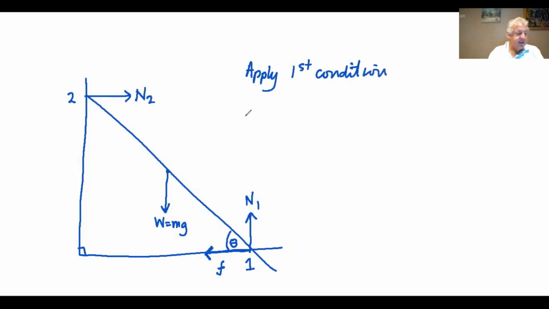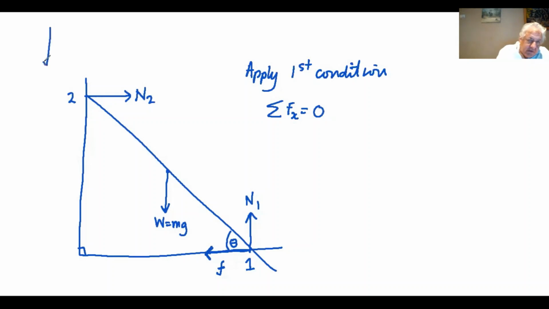First of all, I do the sum of the horizontal forces: the sum of F_x equals 0. My only horizontal forces are this one and this one.